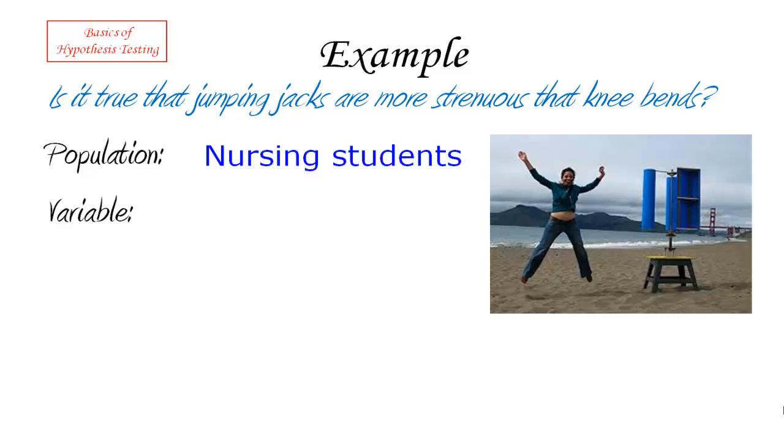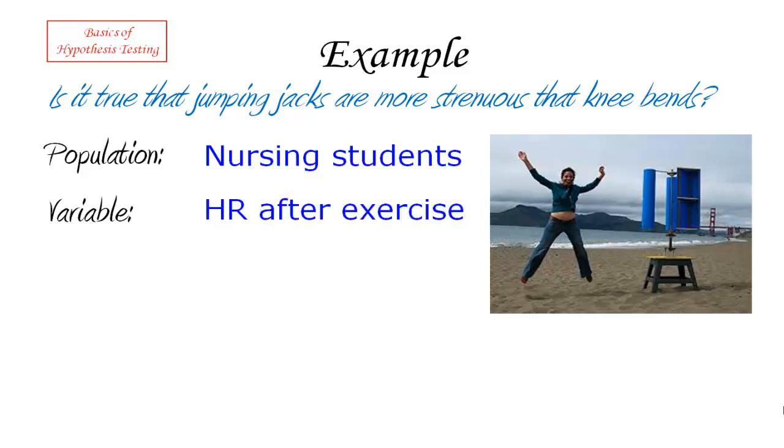Well, what variable are we looking at? Good question. What do we mean by more strenuous? How are we going to measure that? Are we going to measure it by asking people how tired they feel? Are we going to measure the frequency of their respiration? Well, the one thing that we did measure in class, if you remember, was the heart rate after the exercise.